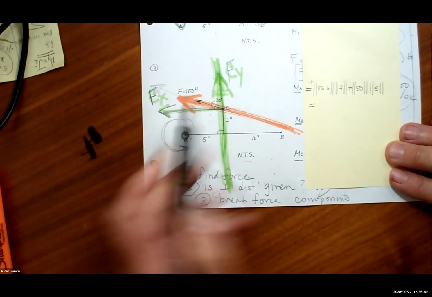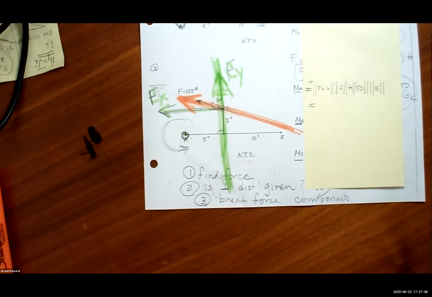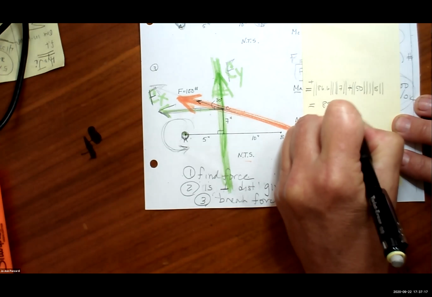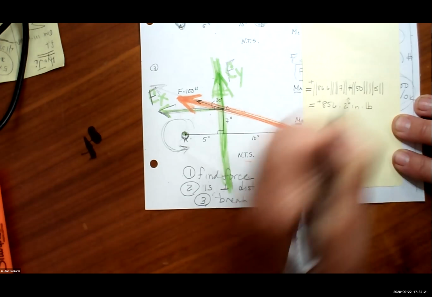I have to add them together. Okay? Interesting. So adding them together is 856.2 inch-pound, and it's positive. And it's in the K direction.